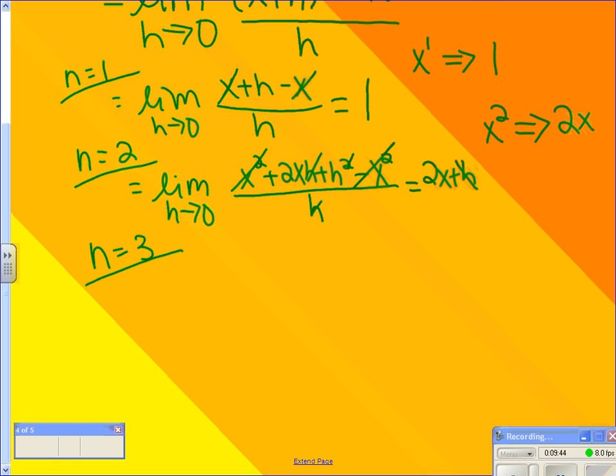n equals 3. It equals the limit as h goes to 0. What would our numerator be? x cubed. Okay.